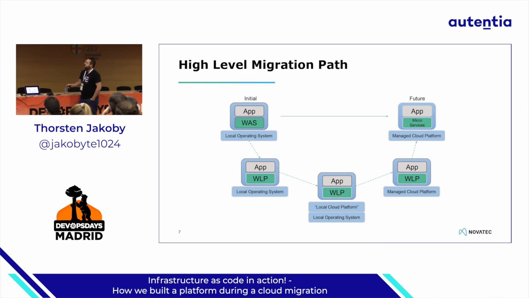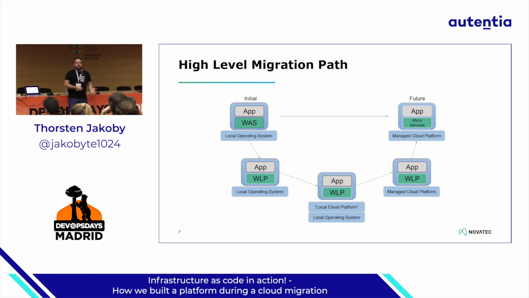The first step was going from that big application server with a 30-minute startup to a pretty quick one, WebSphere Liberty profile, probably on my notebook. Then I'd like to test it on something we call a local cloud platform. What's a local cloud platform?